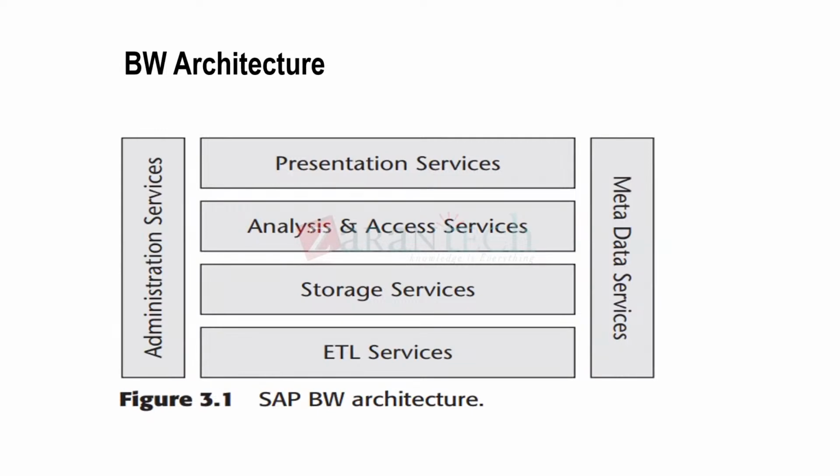Using the ETL layer, you can connect to any source system, connect to the tables of the source system, then to the fields of those tables, and extract the data from that source system into the BW system. So in the BW system, using the extractors, which is ETL, we pass the data and store it in the storage services like InfoCube or ODS.